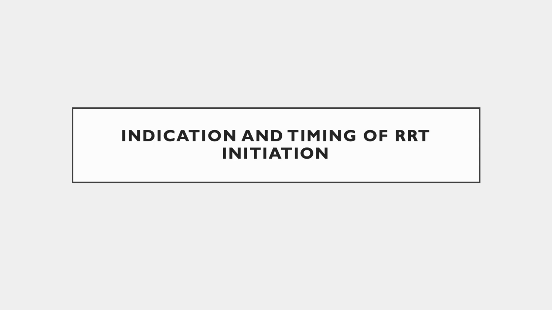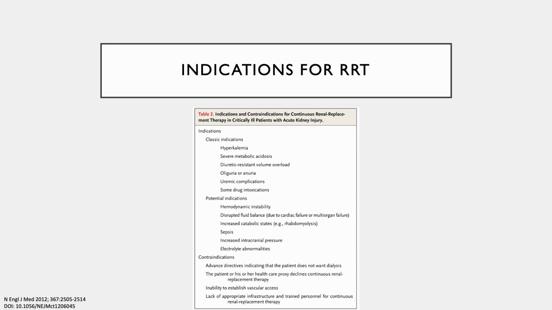In terms of the indication and timing for renal replacement therapy, this will be discussed in the next couple of slides. So the traditional classic emergent indications, I think we're all familiar, and these include solute disturbances like metabolic acidosis and hyperkalemia that's refractory to medical therapy, diuretic resistant volume overload, and certain drug intoxications that are amenable to clearance by renal replacement therapy.